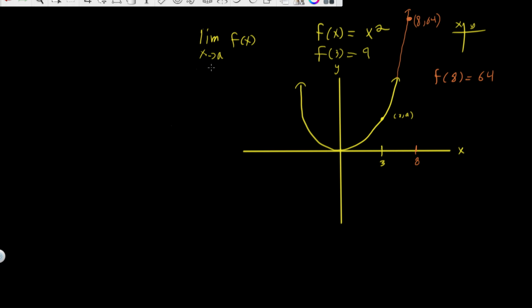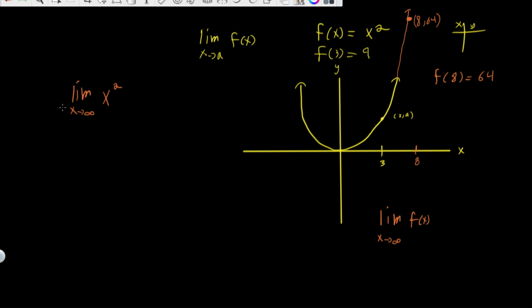Now, let's say we see this fancy notation of a limit, and the question says: the limit as x goes to infinity of f of x. This is how you read it. Now f of x we defined here to be x squared, so we're just going to use x squared. I can rewrite it as the limit as x goes to infinity of x squared.